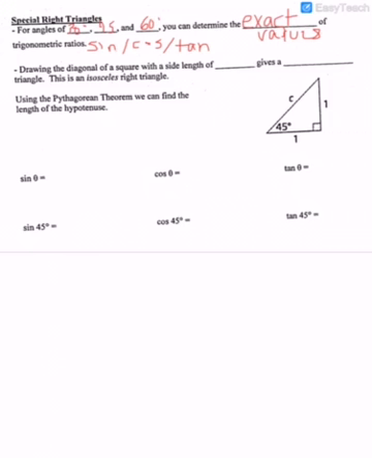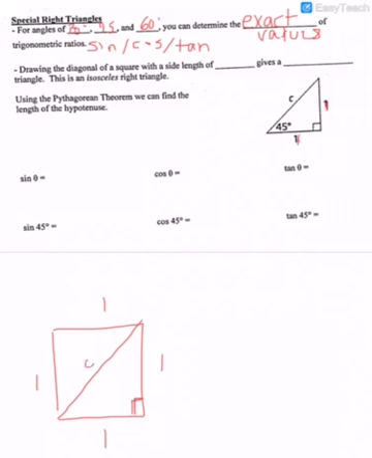If you started with a square, and the square had side lengths of 1, and then you took that square and you sliced it down the middle, we'd get a right triangle with side lengths of 1 and 1. Now we can find the missing hypotenuse by going a squared plus b squared equals c squared.